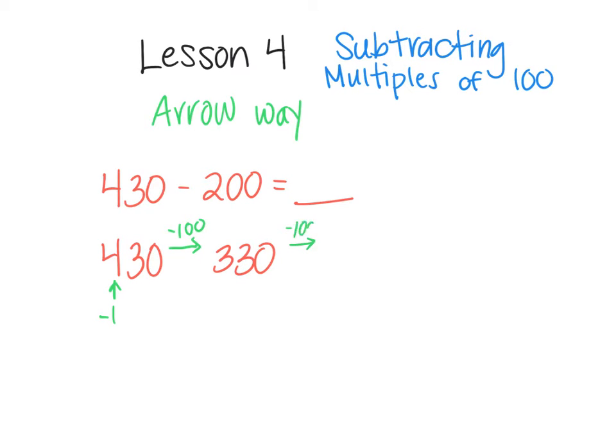And so then this place value spot, the 3, is also getting taken away by 1. So then our final answer is 230. So 430 take away 200, done with the arrow way, gets us our answer as 230. Okay? And so I'm going to write that here.